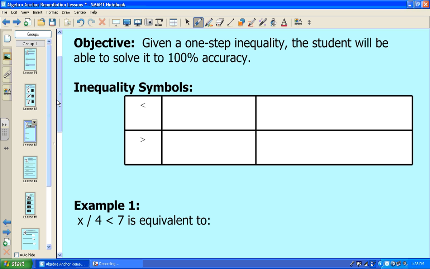The first one is a less than sign. So in your chart right there, if you just want to write less than. Okay, and the other one is a greater than sign. Okay, and then in the box, you can write an example.